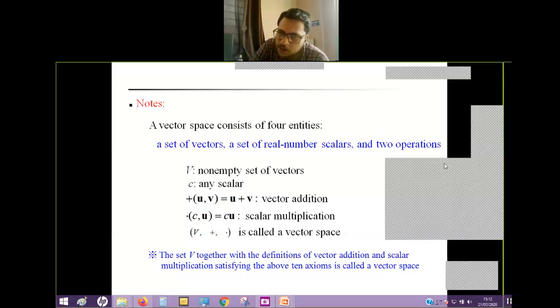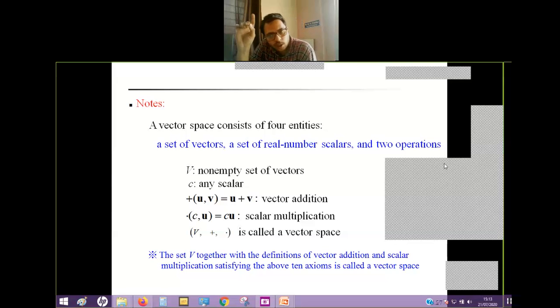So please remember and note this point down if you are having pen and paper: to say a space is not a vector space, the given space needs to dissatisfy only one axiom out of these 10 axioms.